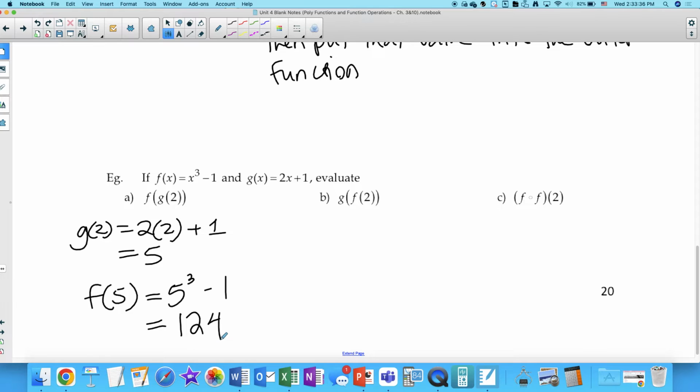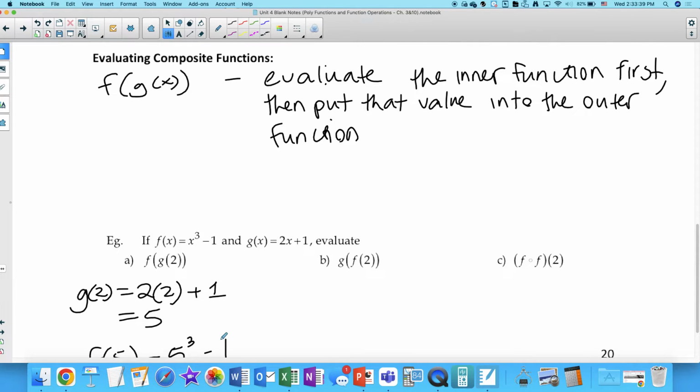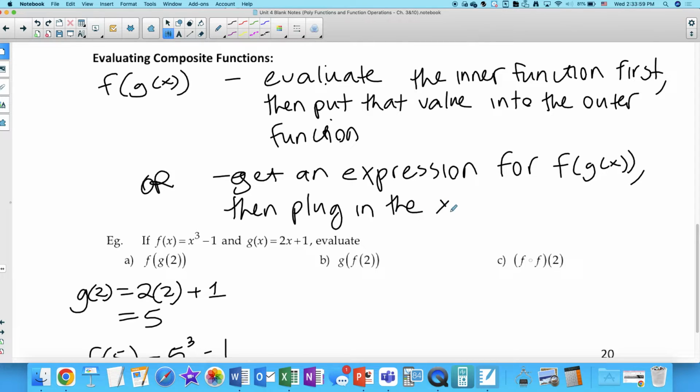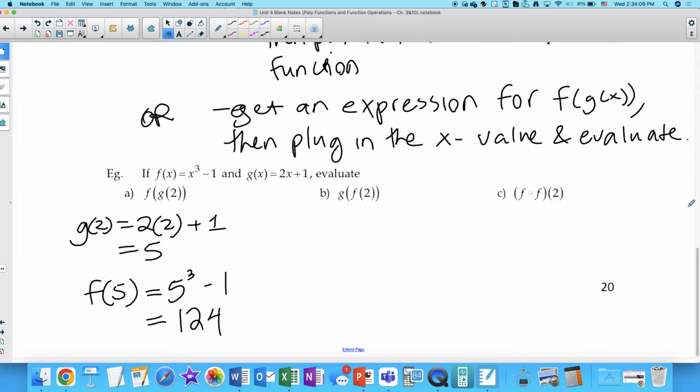Or get an expression for f of g of x, then plug in the x value and evaluate. Okay, so what I mean by that is if we're doing this example here, let's actually figure out what's f of g of x.